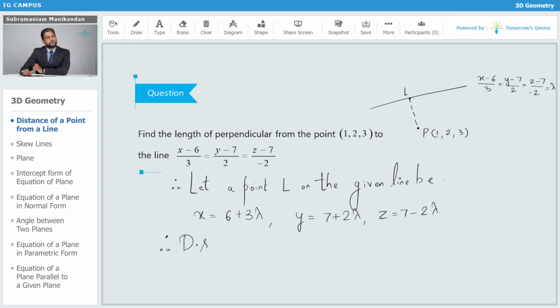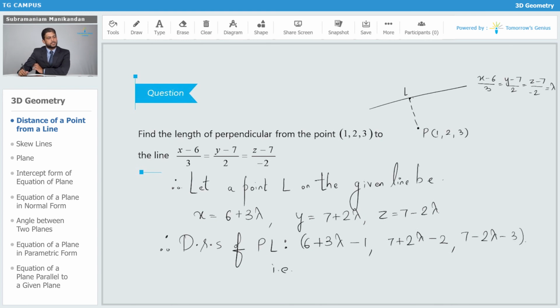Okay, so direction ratios of PL will be what? 6 plus 3 lambda minus 1, 7 plus 2 lambda minus 2, 7 minus 2 lambda minus 3.